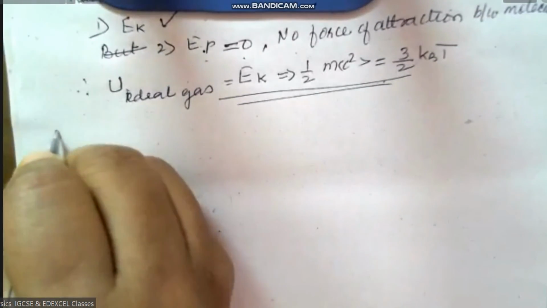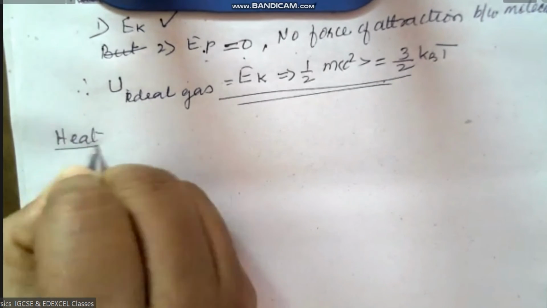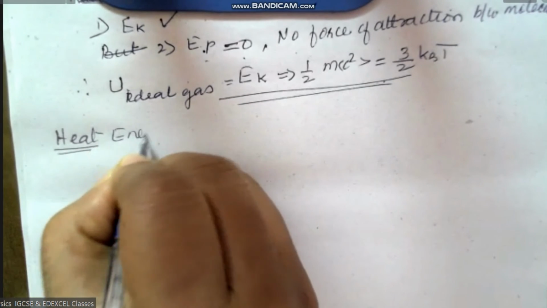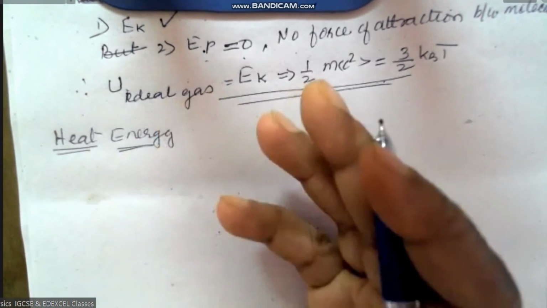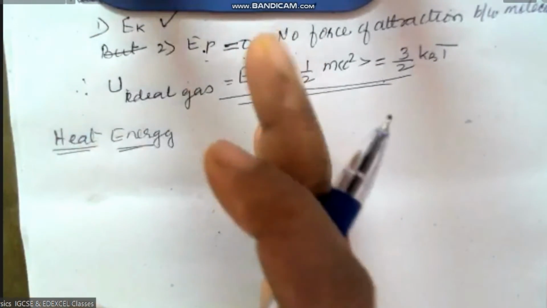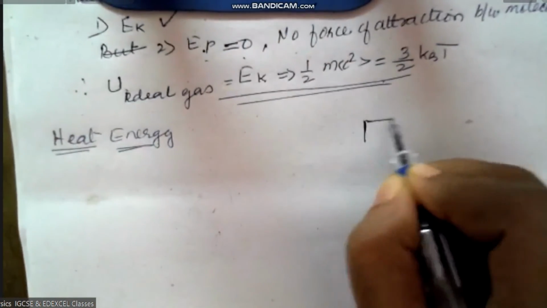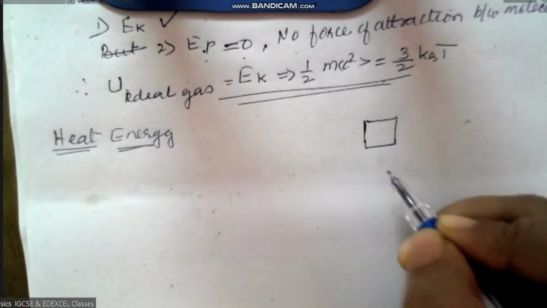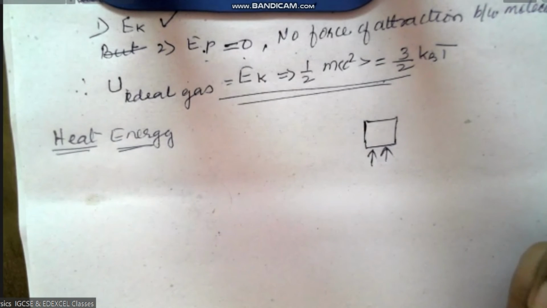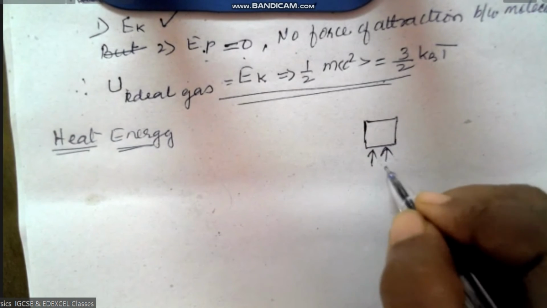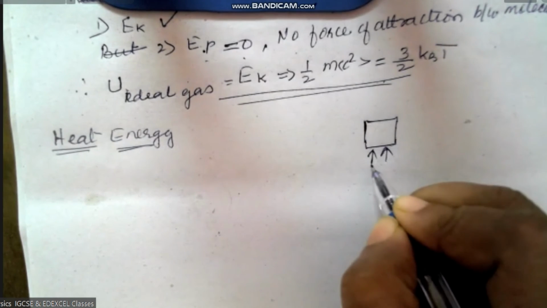Now, what is heat energy? Another term that we use is heat. Though you may think heat energy and internal energy are the same, it's only a technical difference. For example, assume that this is a block. You are heating this block, maybe by a heater.